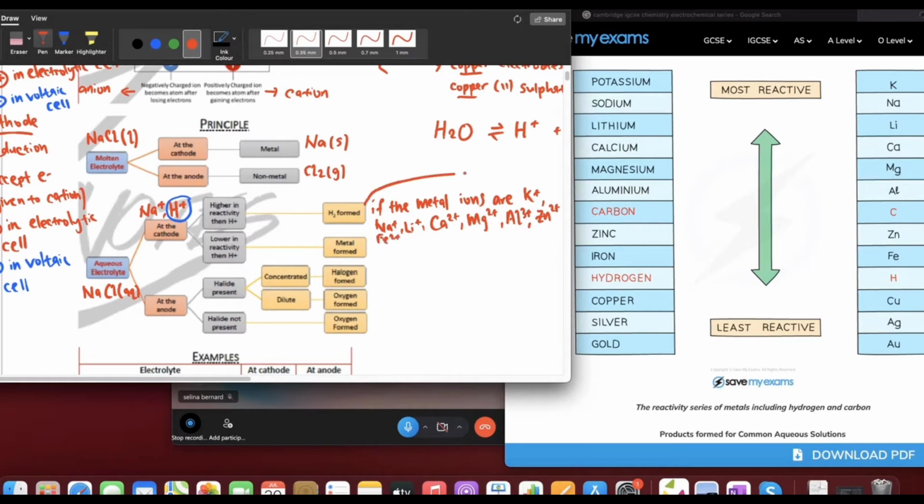So if the metal ions that you use are all these, then this metal ion will not be chosen, but H+ is chosen to form H2.